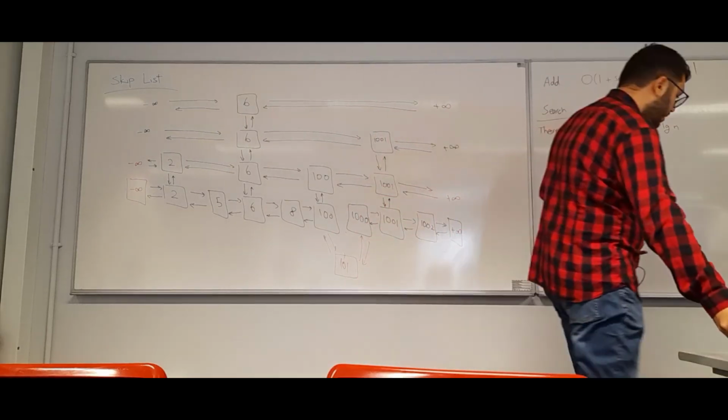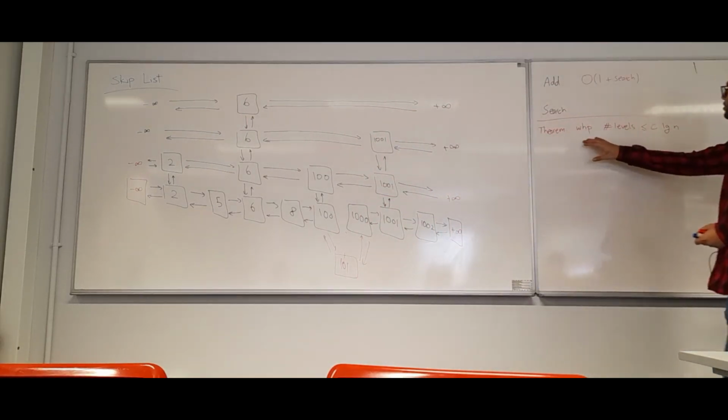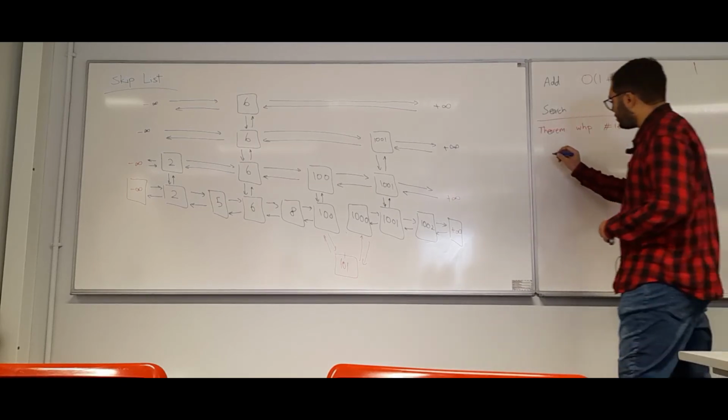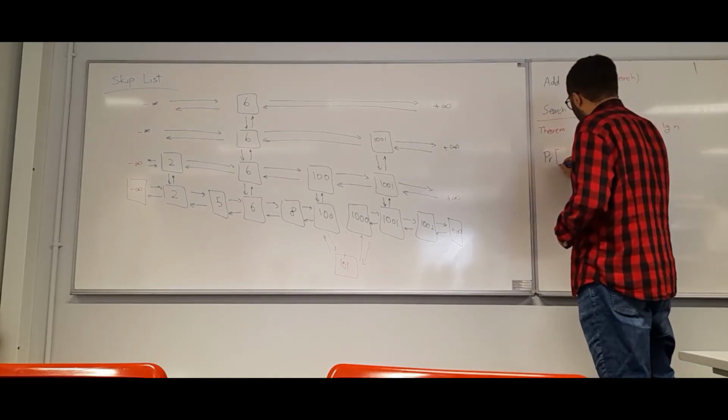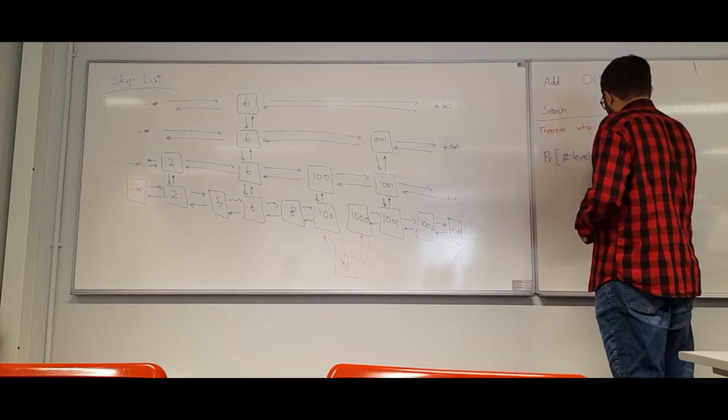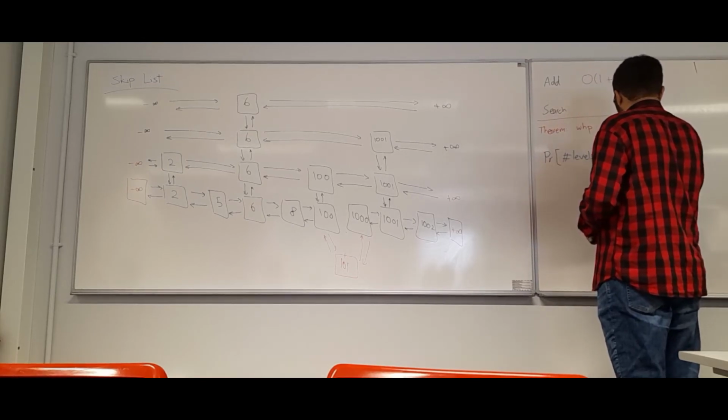Since I want to prove this with high probability, basically I want to find a bound on the probability that the number of levels is more than this c log n.